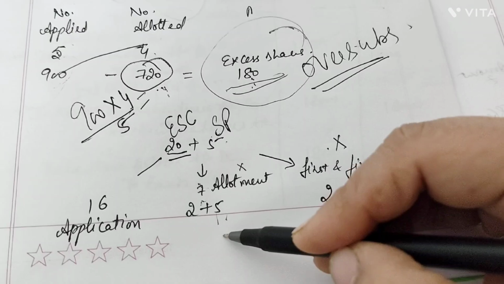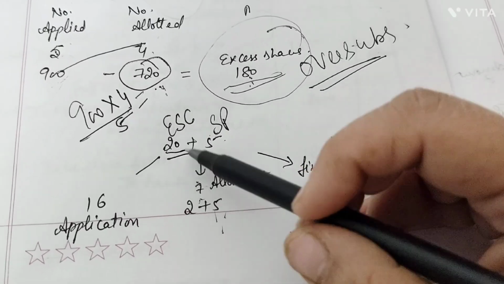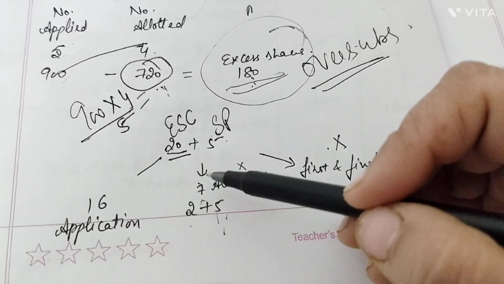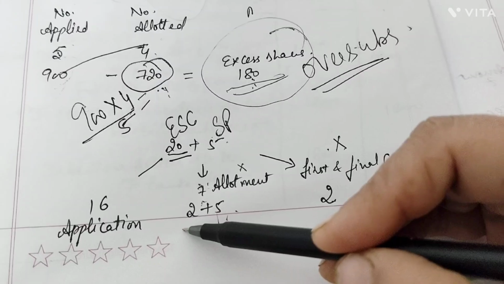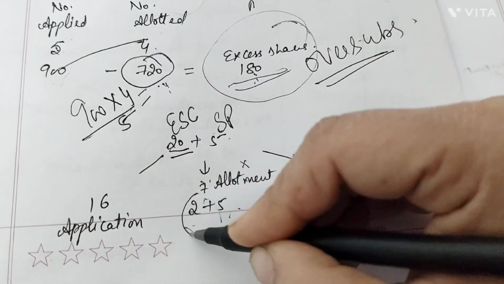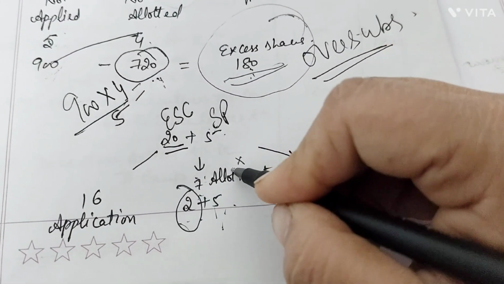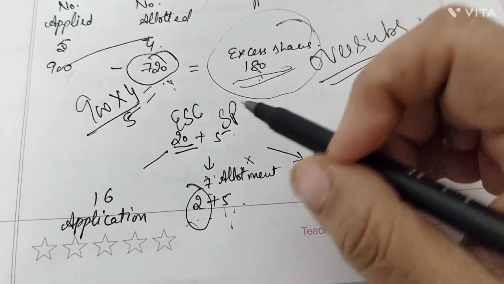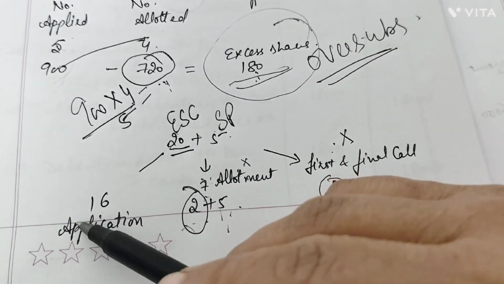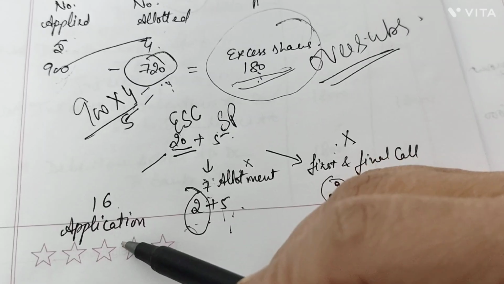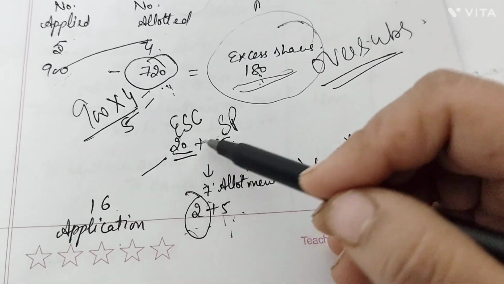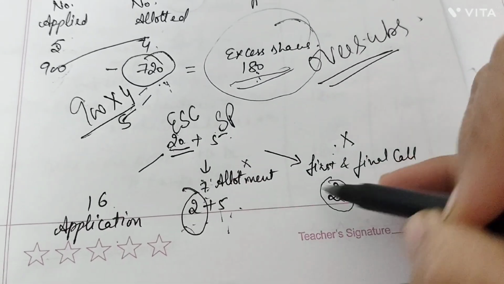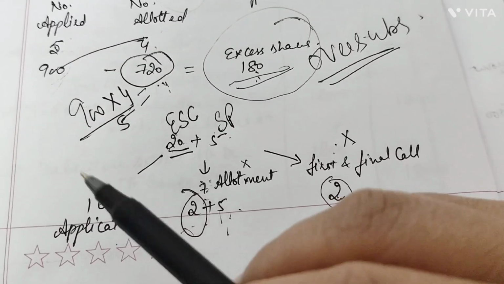Premium was 5 in total, so how much was for equity share capital? That is 2, since out of 7, if 5 is deducted, we get 2. So 2 rupees is payable on allotment and 2 rupees on the first and final call for equity share capital, and the value on application left is 16, or you can go 25 minus 7 minus 2, also 16.